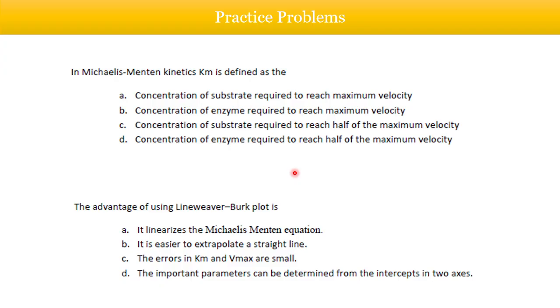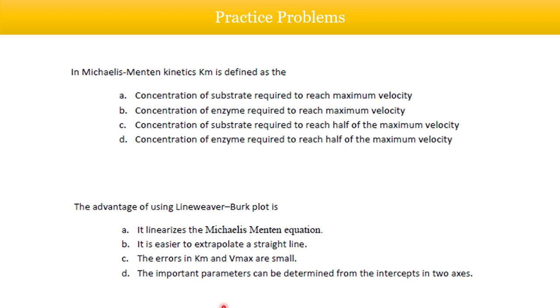So it's simple. Km equals the substrate concentration when V is half of Vmax. So C.